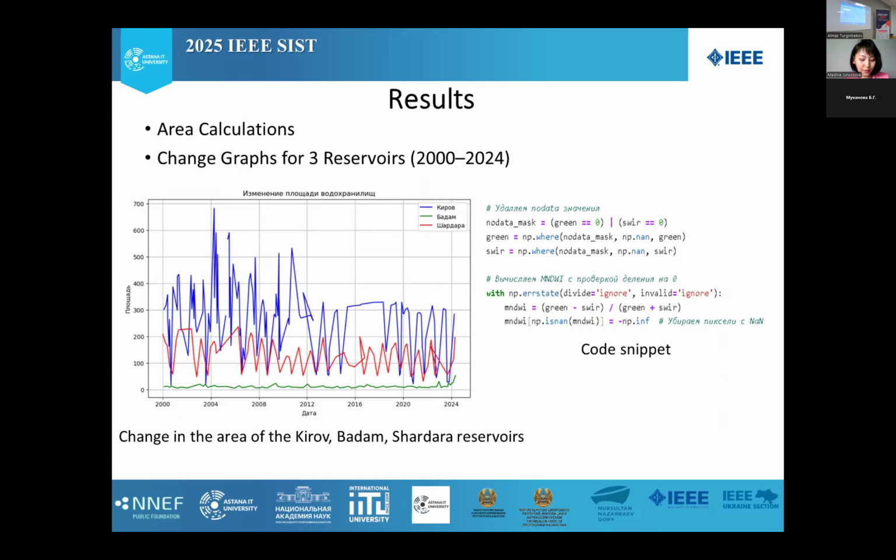These thresholds were selected experimentally for water-related color depending on the season and the characteristics of the satellite image. After the mask is created, contour detection is performed to identify probable boundaries of the water surface.